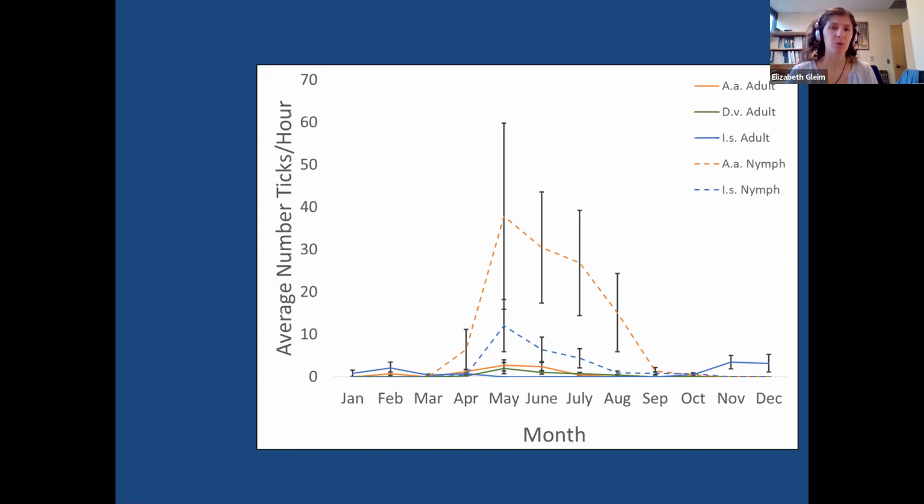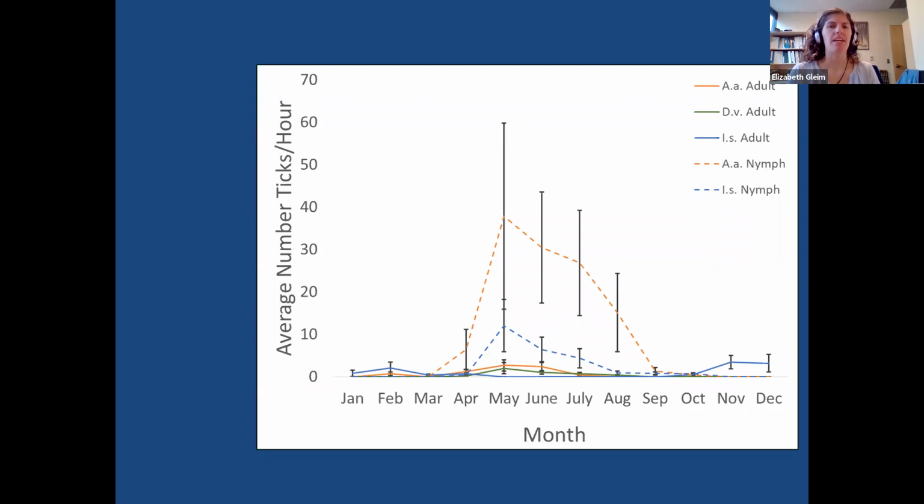And it's important to highlight that, right? Because a lot of times folks think, oh, it's wintertime, it's cold, ticks aren't out. Well, yes, they are. And in fact, black-legged tick adults are out. So Lyme disease risk is still present.